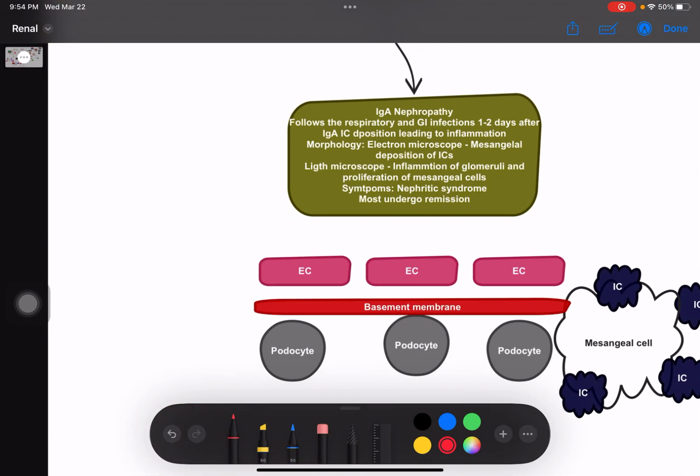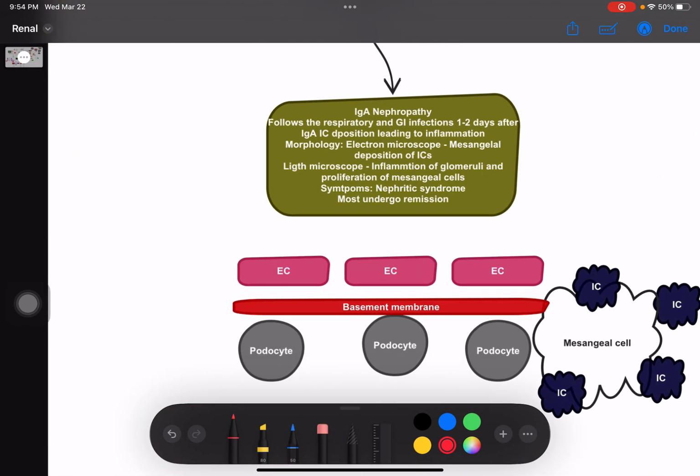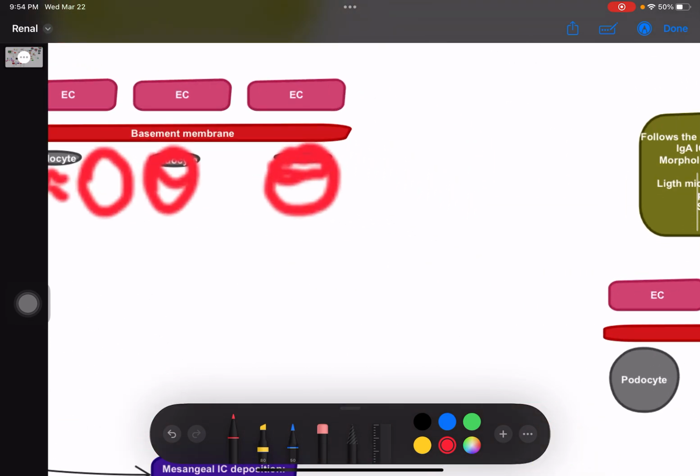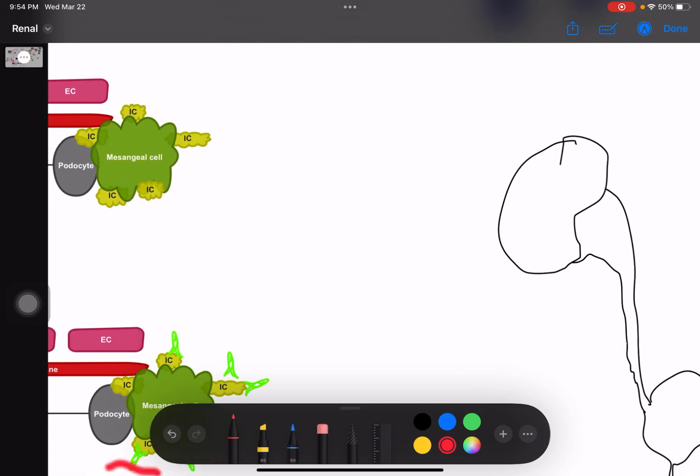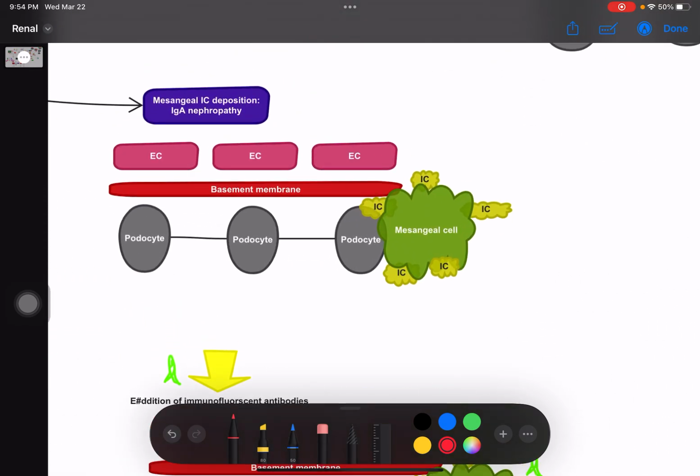Now, the other nephropathies: IgA nephropathy. This, as well as minimal change disease, follows respiratory tract infections. Here as well, there are GI infections after 1 or 2 days. There's the deposition of immunoglobulin A, which leads to inflammation. In morphology, in an electron microscope, we can see mesangial deposition of immune complexes, as we remember from here.